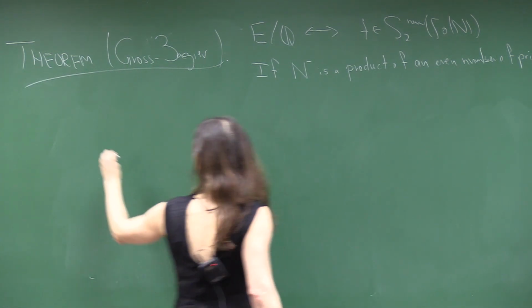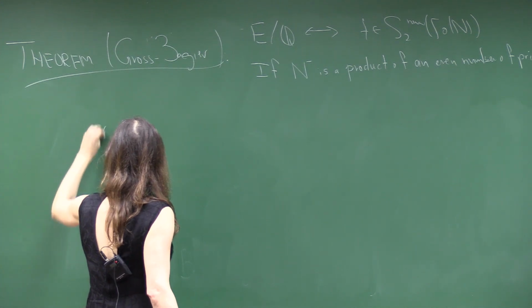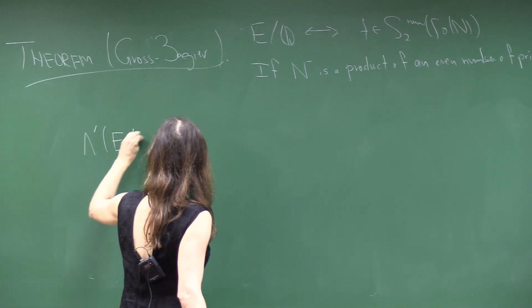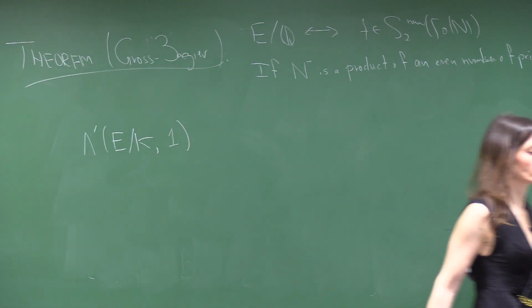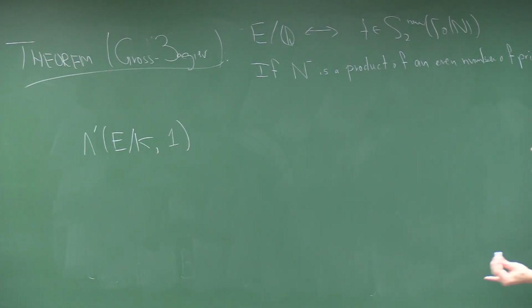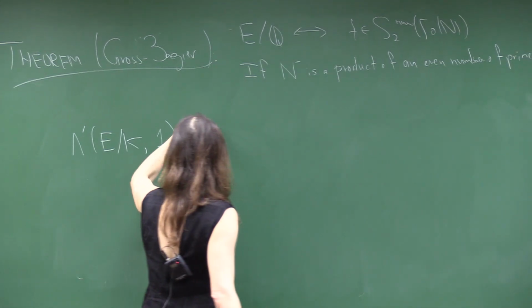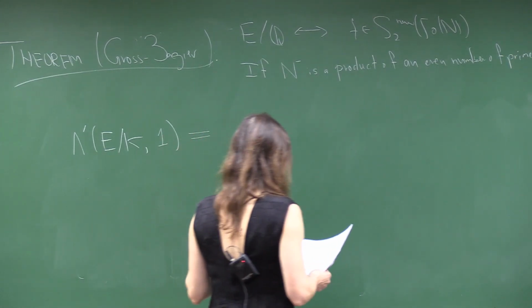Really the theorem is given in terms of the Rankin-Selberg L function, but let me state it here in this simple form. So you have the central derivative value of the Hasse L function of E over K. They prove a more general statement, but I just give it here in this special case.